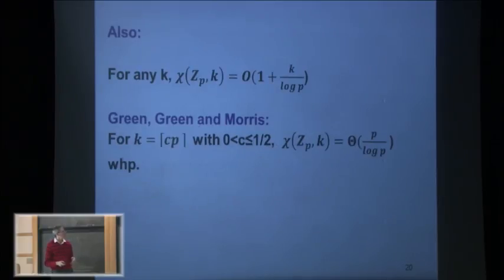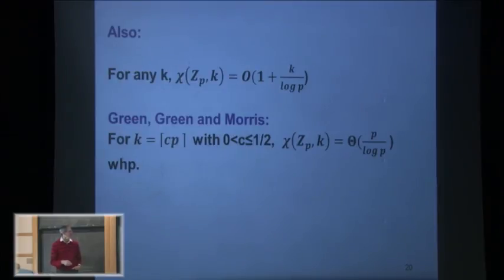And still for ZP, if we take bigger k, then with high probability the chromatic number is at most k over log p. So we gain this log p at the beginning, and afterwards the upper bound stays k over log p. So when k is like 1,000 log p, then the chromatic number is at most 1,000 something.